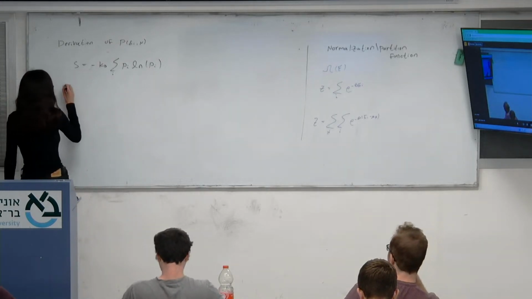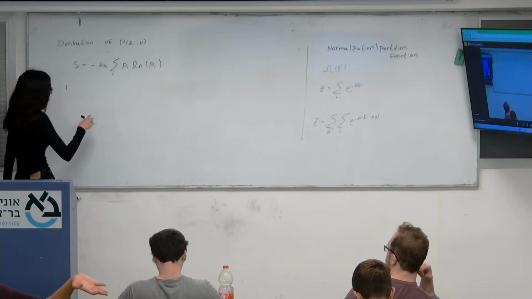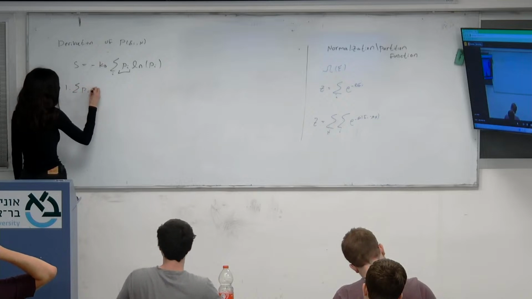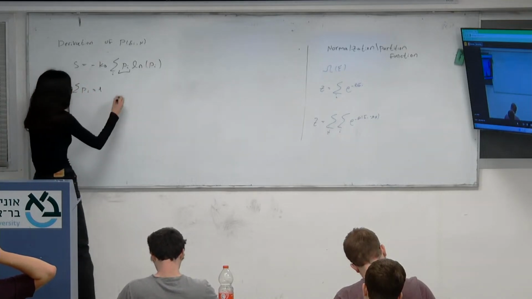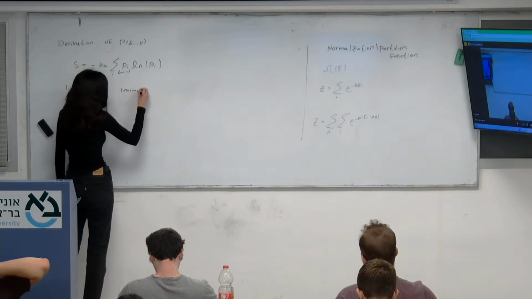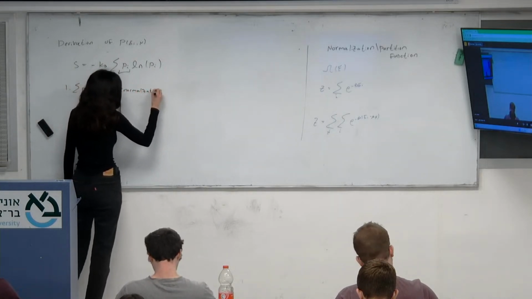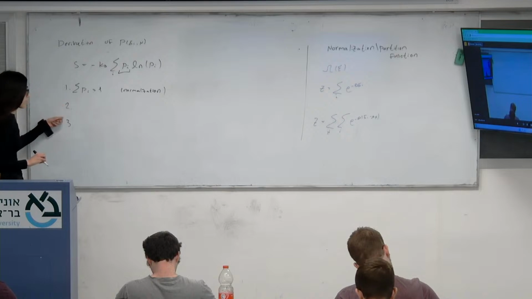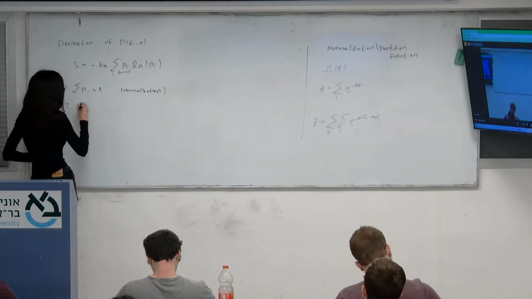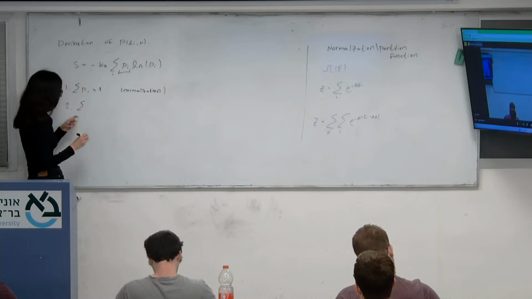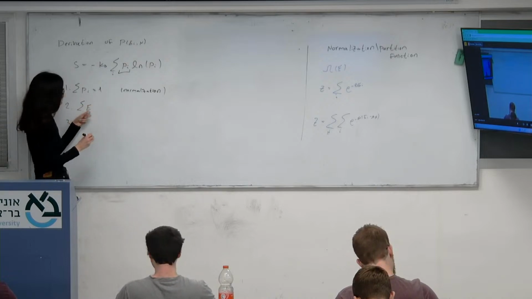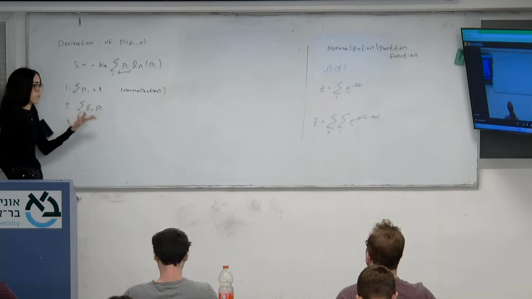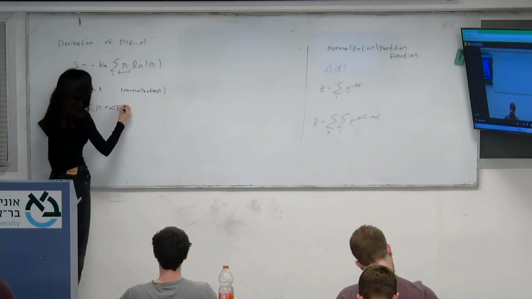The first one is normalization. So we look at the probability p: the sum over all p_i is equal to 1. So this is normalization. The second and the third one are kind of trivial, just the definition. We say that the average energy, the sum of E_i p_i, is equal to the average energy.